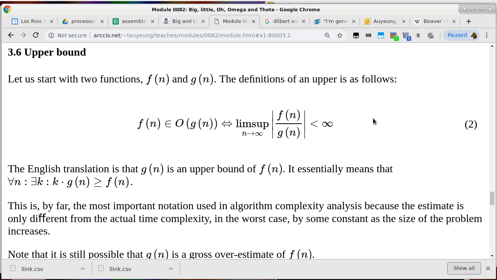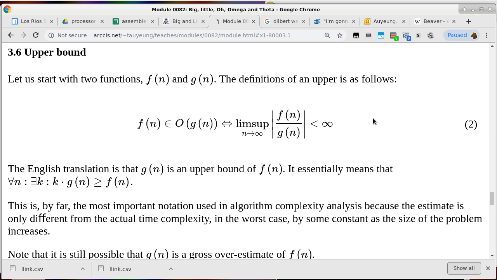The interesting part is you have to say for all n, because when n is different, this k can be different. Are we still doing okay so far? This is why we have to define all of those terms: infimum, supremum, limit inferior, limit superior. All of those terms led to the big O notation.